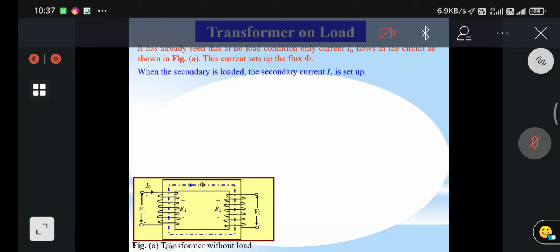So let us see here. When the secondary is loaded, now you can draw. Secondary side is loaded means I am going to add the load here. When the secondary is loaded, the secondary current is set up. I will simply draw it, because we already have the circuit diagram.